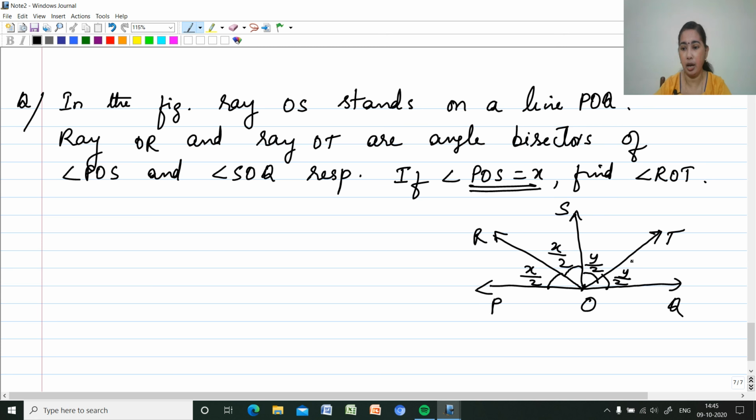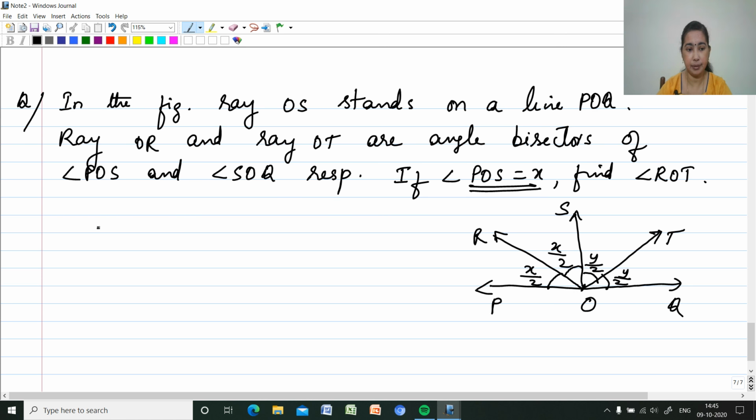Now find ROT. ROT means these two angles. ROS plus SOT gives ROT. So we know that the total angle here, POQ, is a straight line.